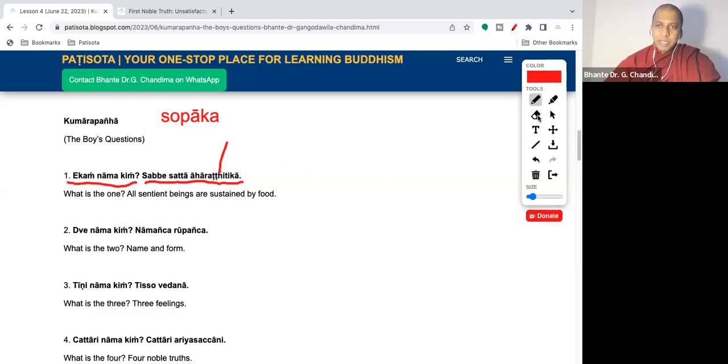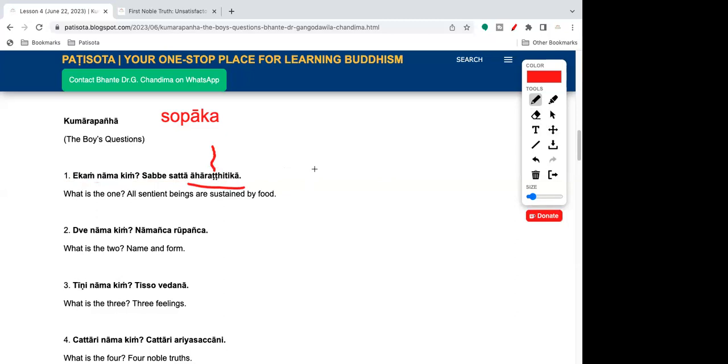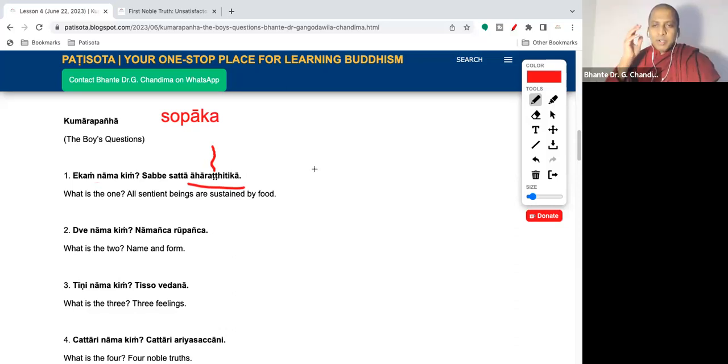Okay, let me tell you an easy way to say that. This part. This is the word that you find trouble with. Let's pronounce this word in 2 ways. Ahara titika. Ahara titika. So you have to pronounce non-aspirate T and aspirate T. Ahara titika.